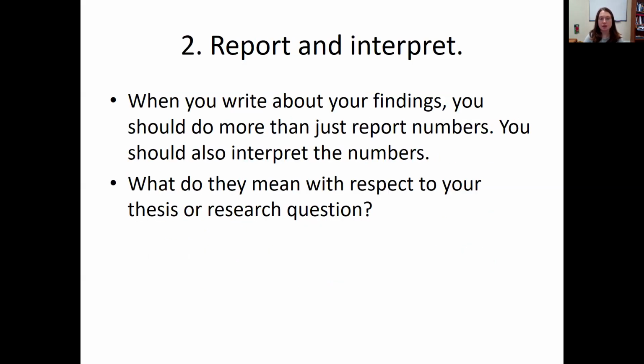The second thing you need to do in talking about numbers is report and interpret the numbers. When you write about your findings, if you're doing some empirical research, you should do more than just report the numbers. So don't just say, I ran a regression of y on x and the coefficient estimate was 2. Tell us what that 2 means, and especially what it means with respect to your thesis or research question.